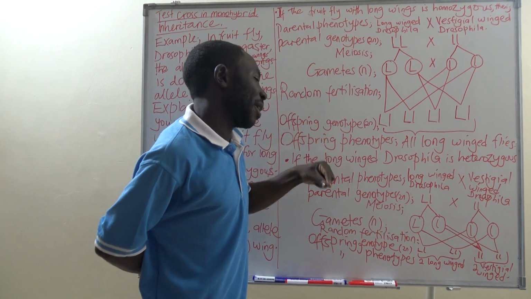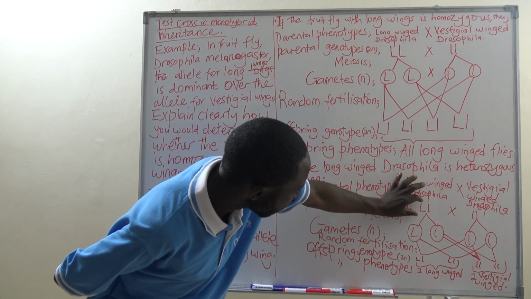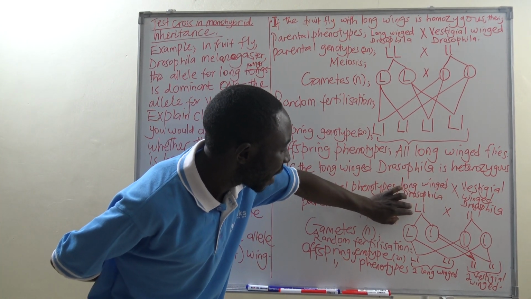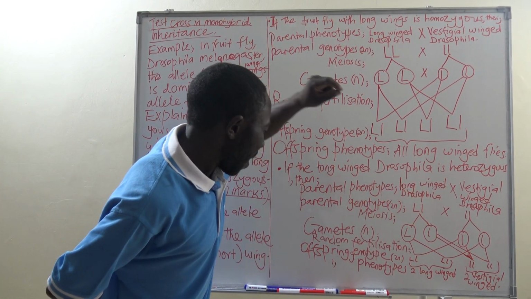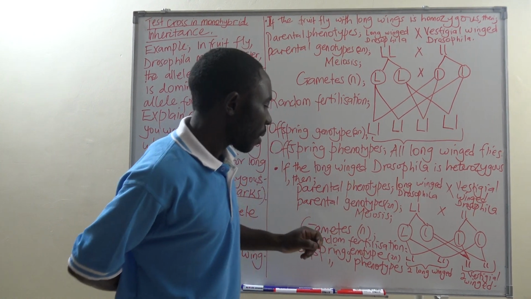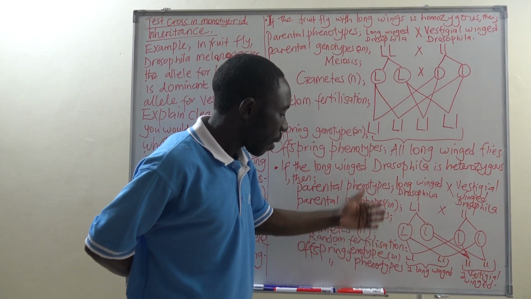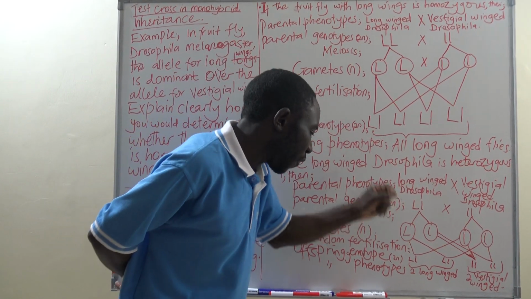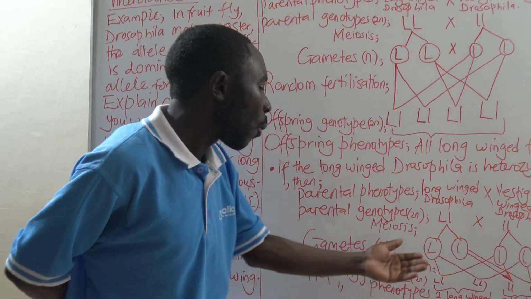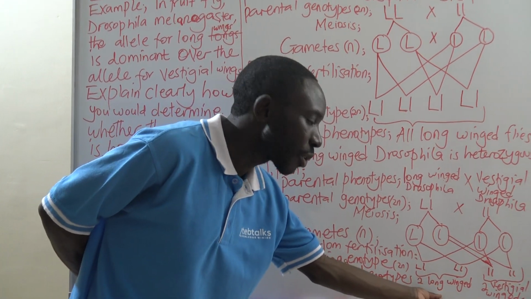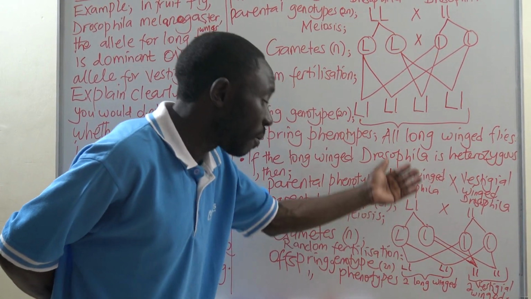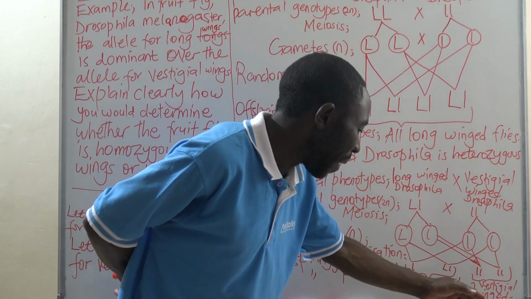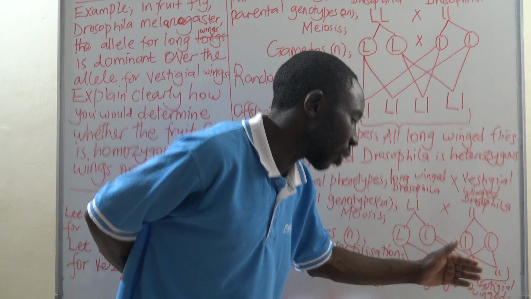Now, in the second case, suppose the individual or the Drosophila with long wings is heterozygous, as shown here, then we can see that the phenotypes of the offspring or the progeny will be two. Some Drosophila or some fruit flies will bear long wings. Actually, two of them will bear long wings, and the other two will bear vestigial or short wings.